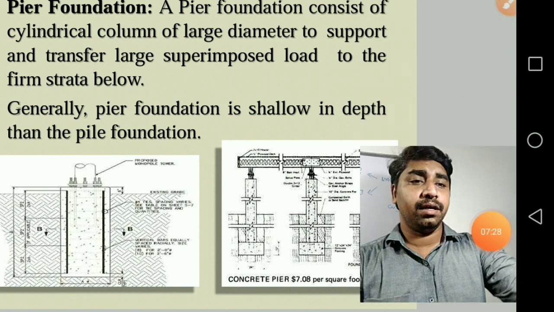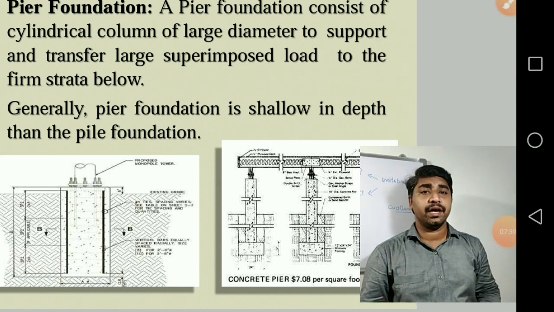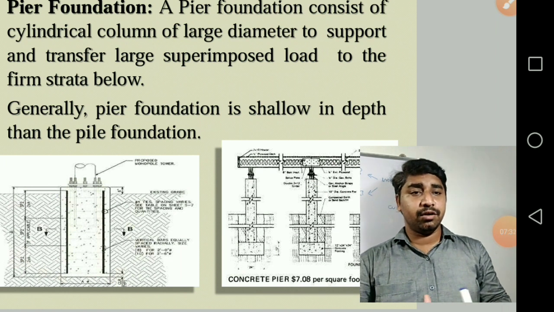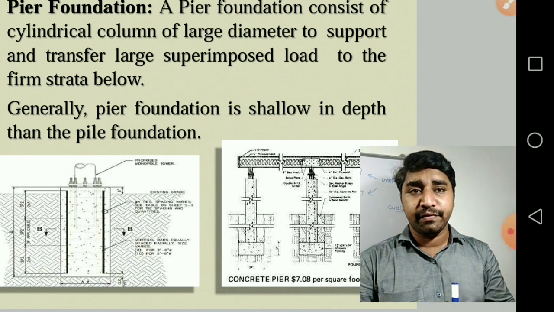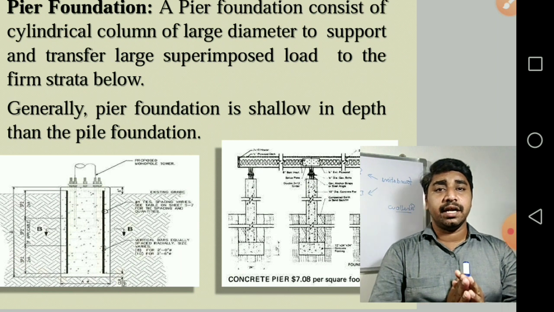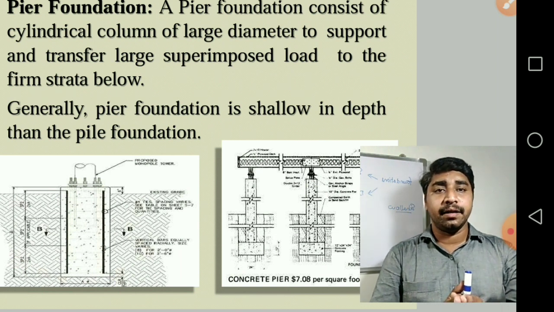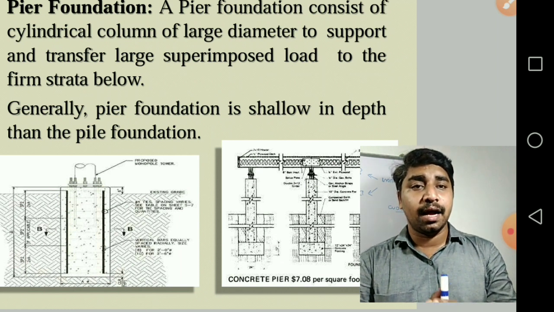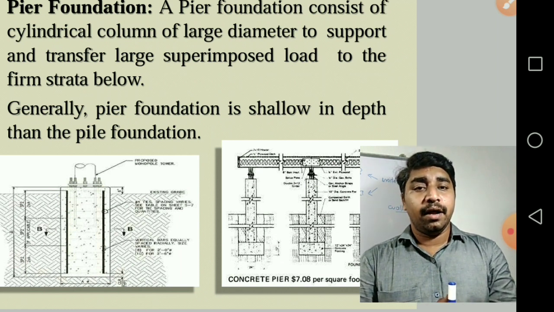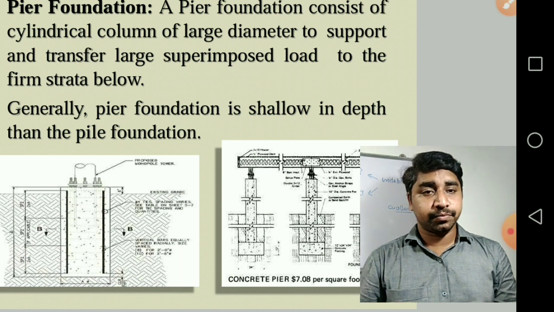Another type of deep foundation is the pier foundation. It is similar to pile foundations but a little bit different. The difference is that it consists of a cylindrical column of large diameter to transfer a large superimposed load, with a bell at the bottom.